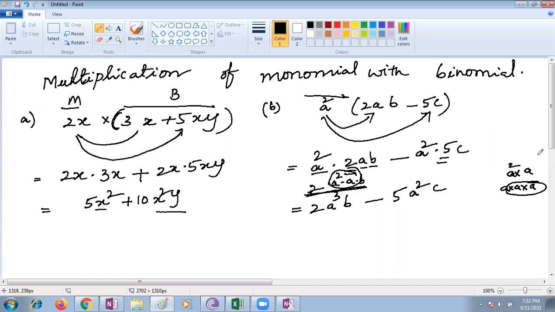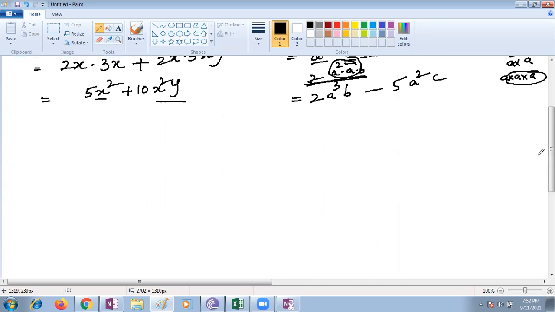Okay, multiplying a monomial with a trinomial. Same thing, children, the same way we did, you can go with a trinomial also. Multiplication of a monomial with a trinomial. I am going with the first question, 3p.